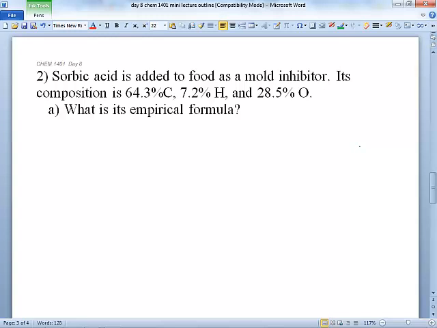He's 12.01. Good. First step, convert to moles.